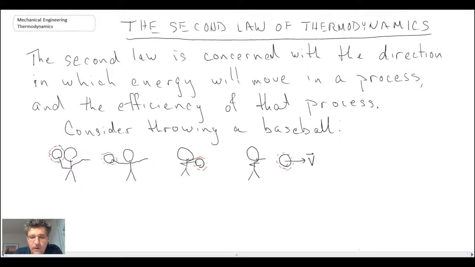So there we have a ball that has been thrown, and it has left our hands, and it's going at velocity v with vector v. I've drawn a red line around the ball to denote that that is our system. So we're looking at a fixed mass system, and we are going to apply the first law to this system. So let's write out the first law.